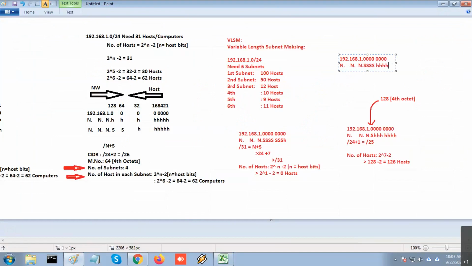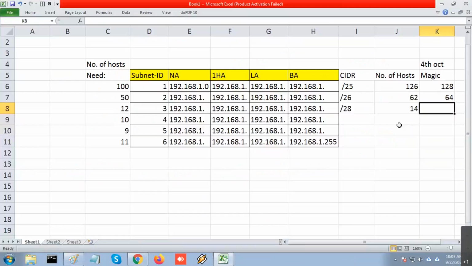The magic number is the first subnet bit, right? 16, like this we take, 16 in the fourth octet, correct? Okay, now 16. Okay, next 10.